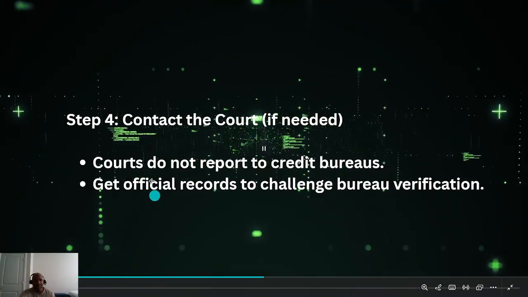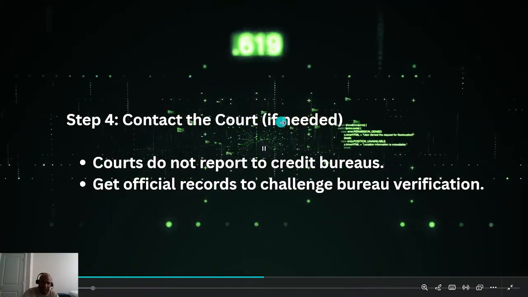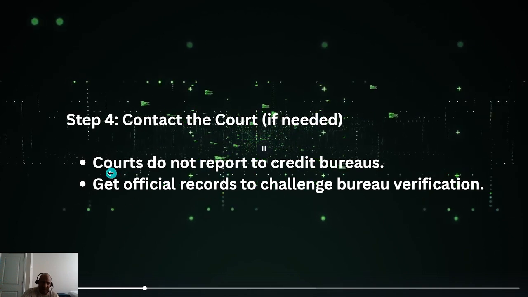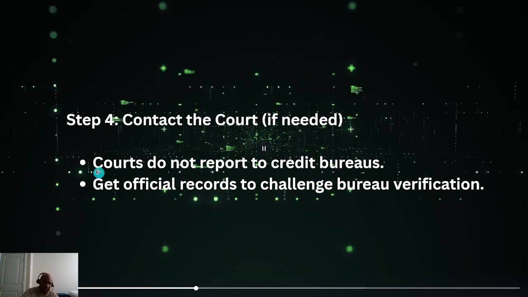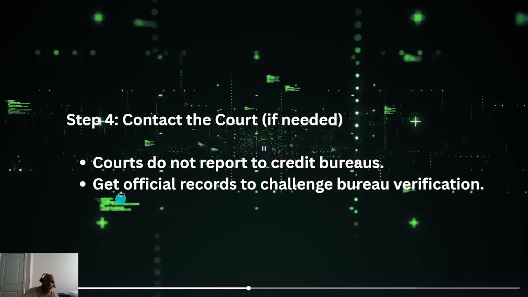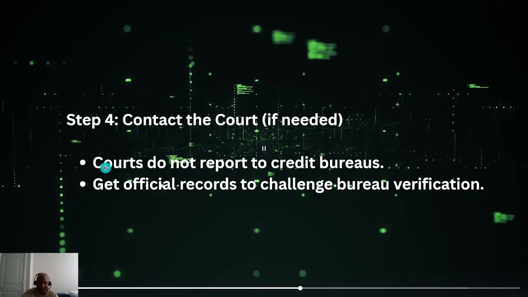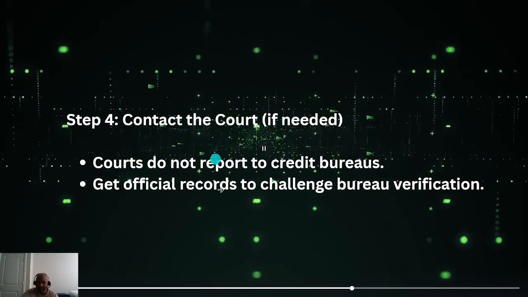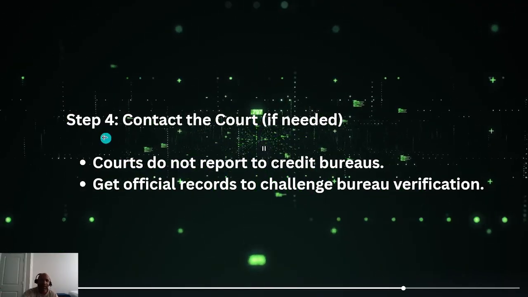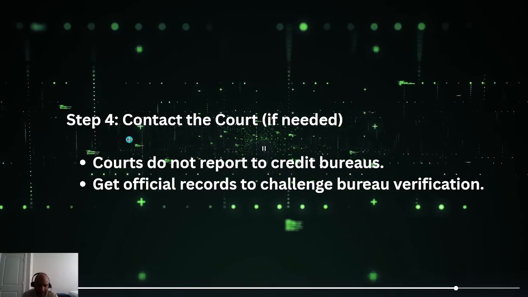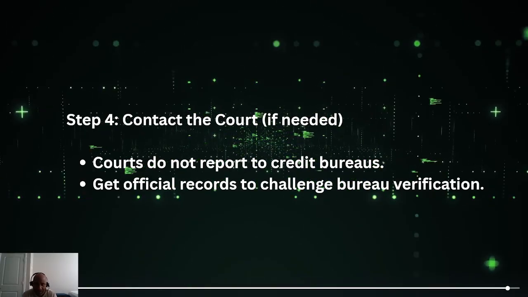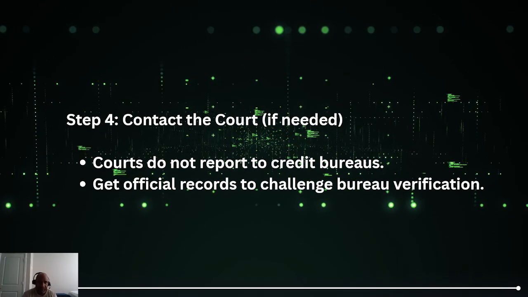All right, step 4. You want to contact the court because basically, in one of the questions, third-party companies mess up the courts, because all your information is public documents. It's public records. Your bankruptcy, evictions, all that stuff is public records.